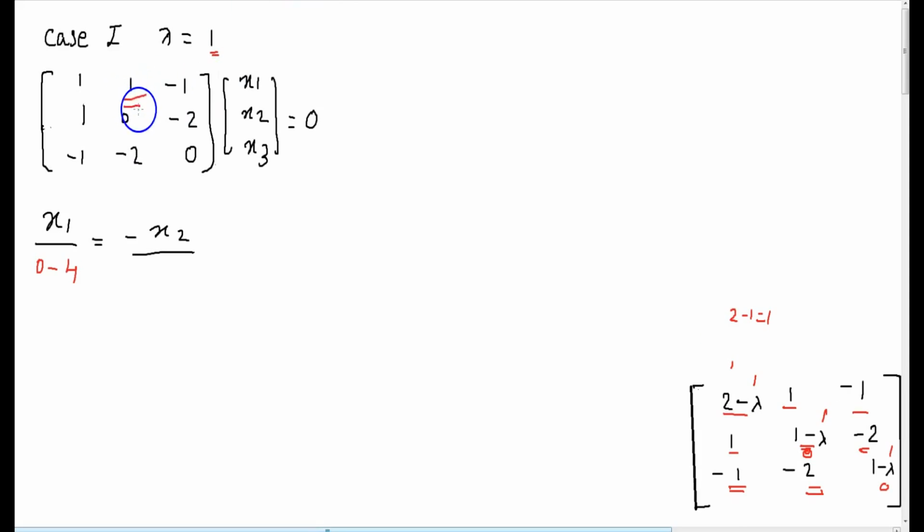Here minor of a12 is 1 -2 -1 0, and cross multiplying we get 0 -2 equal to x3 by minor of a13. Minor of a13 is 1 0 -1 -2, and cross multiplying we get -2 plus 0.